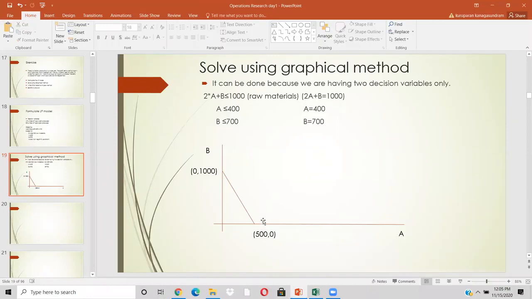Take this point here, which is 500 comma 0. One unit next to this point, what will be that coordinate? What will be the coordinate to the right hand side of this point?